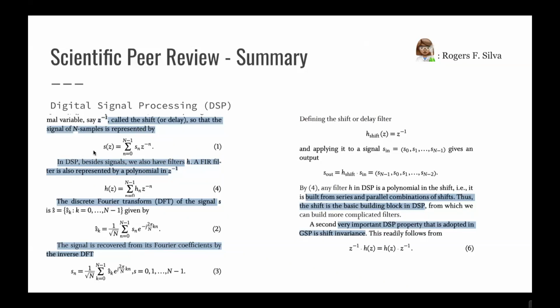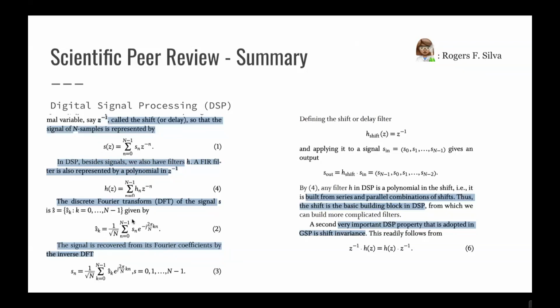He starts by presenting it in the case of signal processing of one-dimensional temporal signals, using z inverse as the indicator of the delay operator. He first presents this notion of representing signals as polynomials of this particular shift operator.